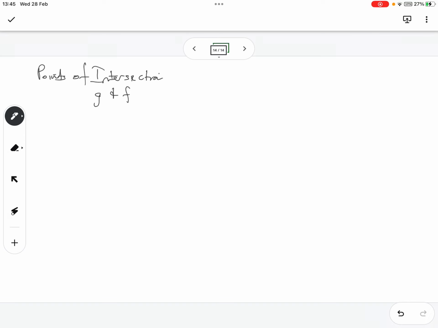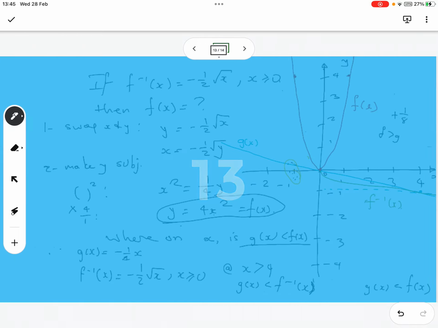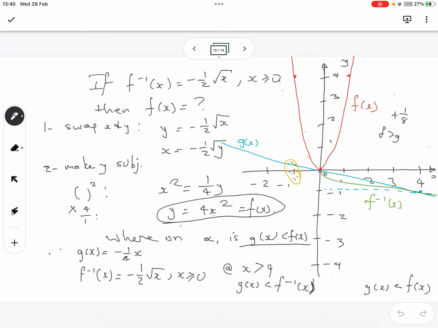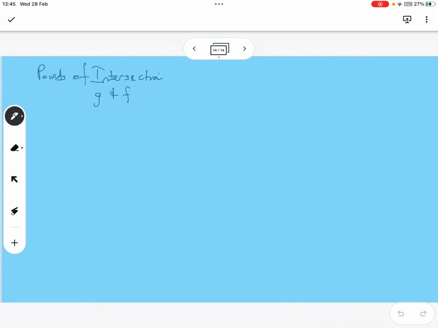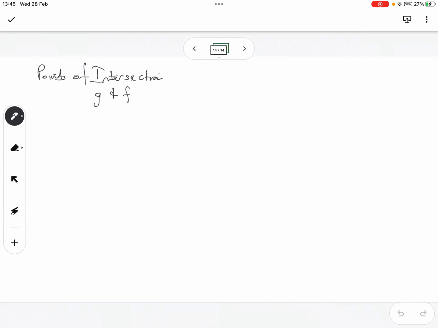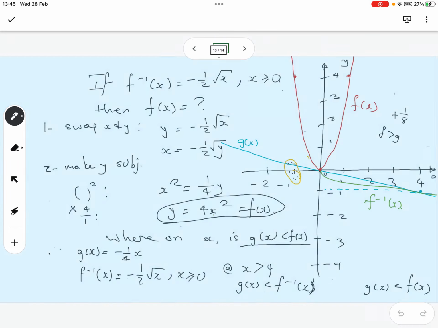For g and f, remember we drew f just here, and f of x only intersects at the point 0, 0. So that is valid. But now if we were to find a different set of points where the straight line intersects the curve, where would that be?